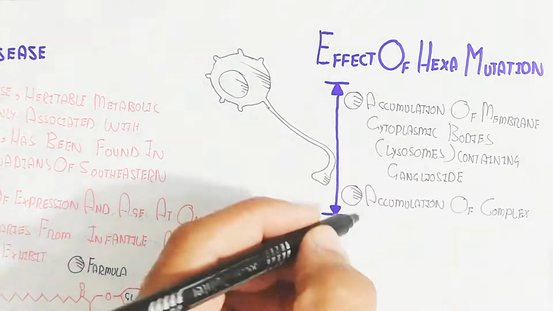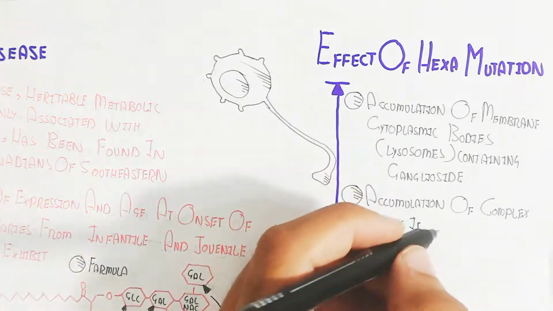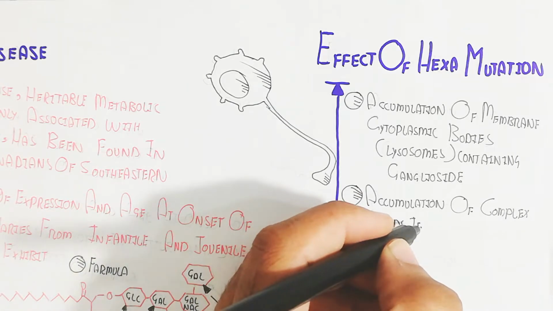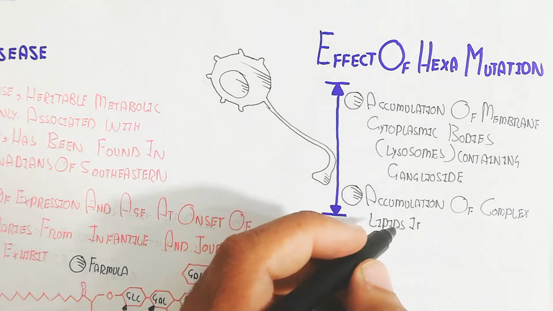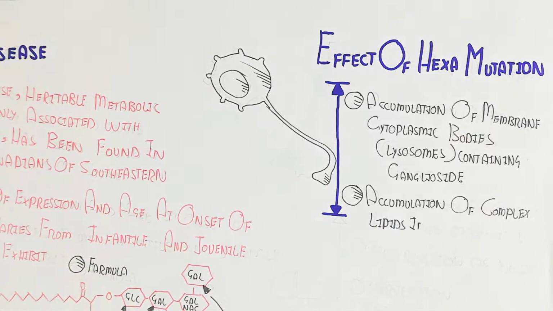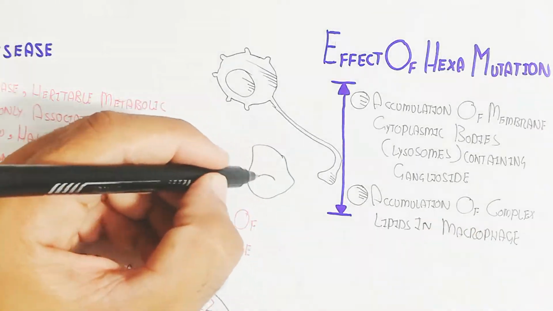The deposit will not be converted or broken down, and complex lipid accumulates in the macrophage, because the lysosome does not contain this enzyme.